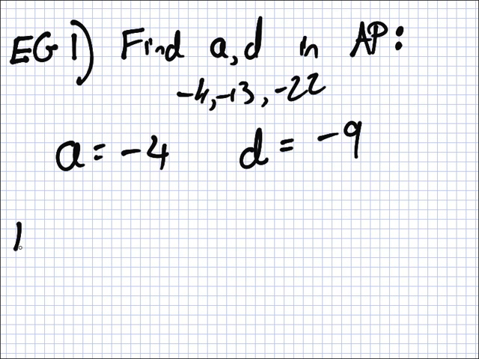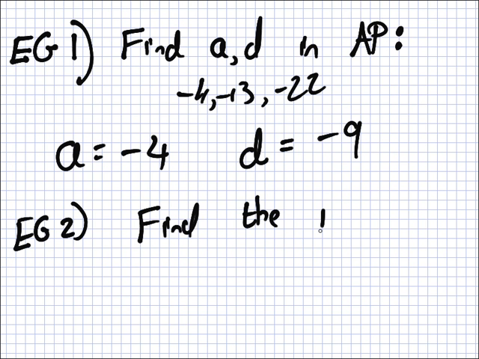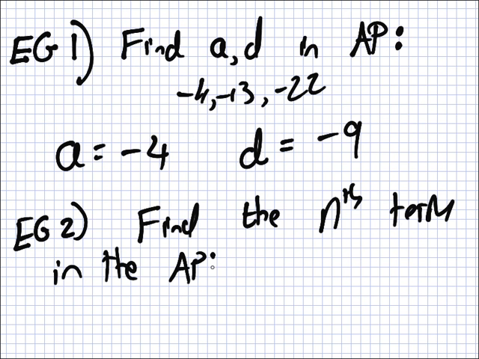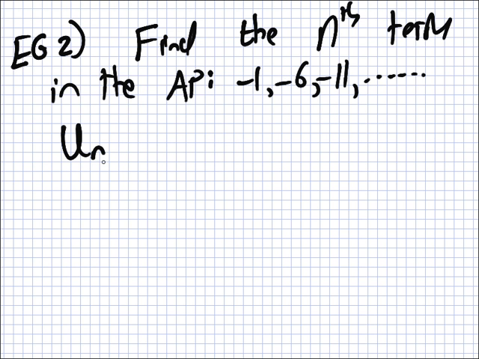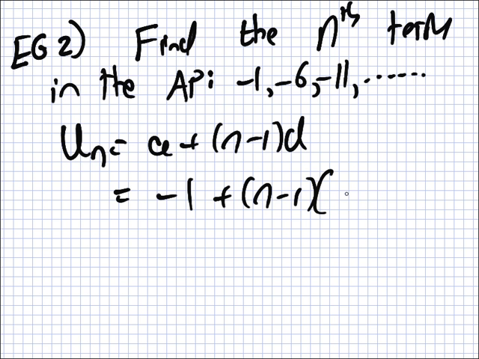Right, second example. I want you to find the nth term in the AP minus 1, minus 6, minus 11. Right, so if we use our formula, Un is A plus N minus 1 D. What is A? Minus 1. And then D? That's minus 5.